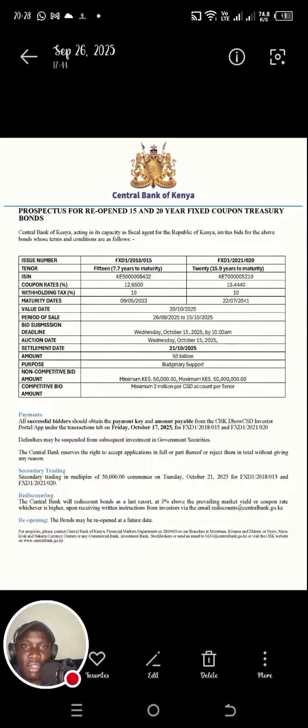If you don't get another option in the secondary market, you can go back to the Central Bank of Kenya and tell them, I really want my money, but I cannot find a buyer in the secondary market. Assist me to get back my money. They will rediscount your bond, but at 3% above the prevailing market yield or coupon rate, whichever is higher.